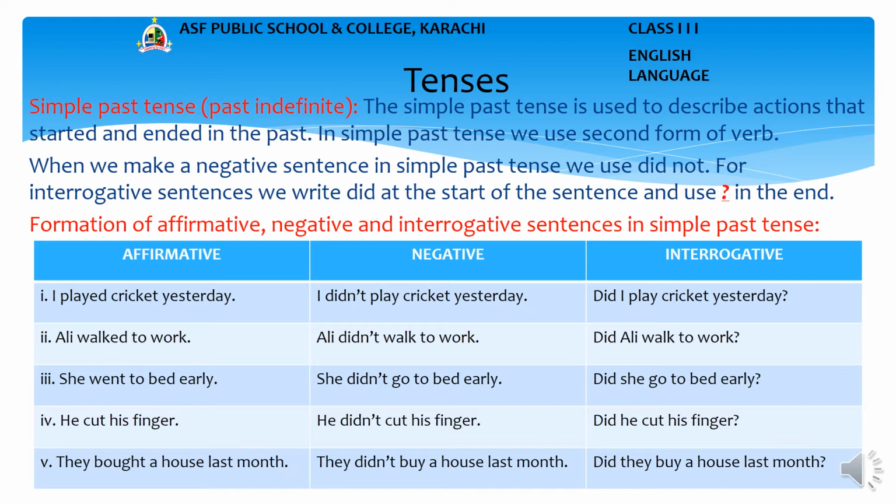Did he cut his finger? Verb cut will be the same in negative or interrogative sentences. Now I'm going to read example number 5. They bought a house last month. Negative. They didn't buy a house last month. Interrogative. Did they buy a house last month?